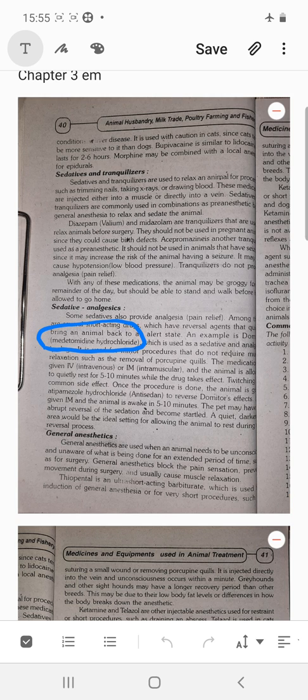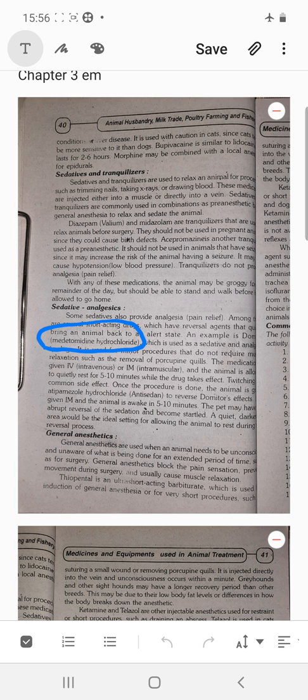Thiopental is an ultra short acting barbiturate which is used for induction of general anesthesia or for very short procedures, such as suturing a small wound or removing porcupine quills. It is injected directly into the vein and unconsciousness occurs within a minute.